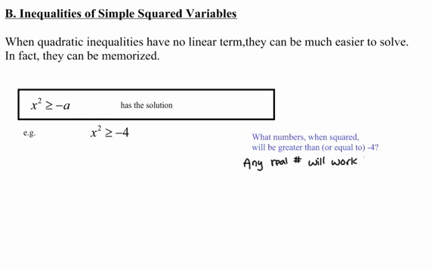Why? Because when you square any number, it's going to give you a positive. Squaring creates a positive number, and all positives are greater than negatives.